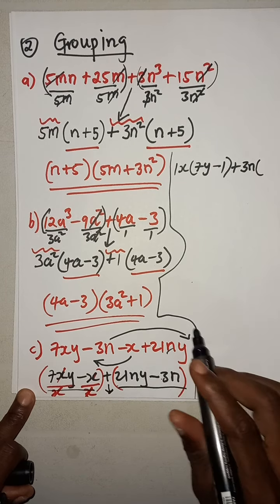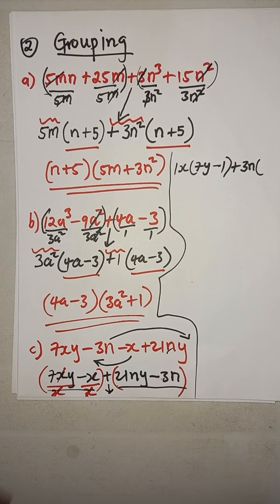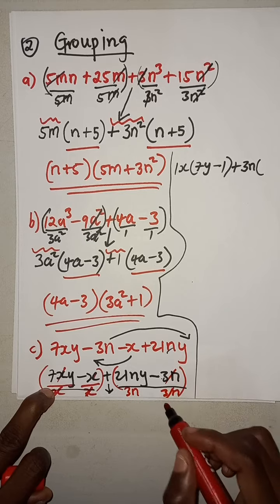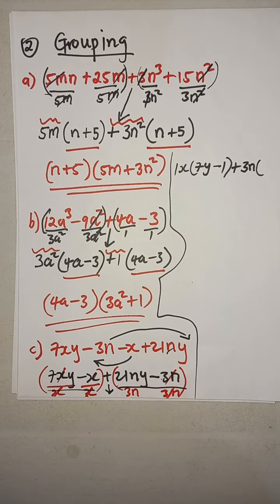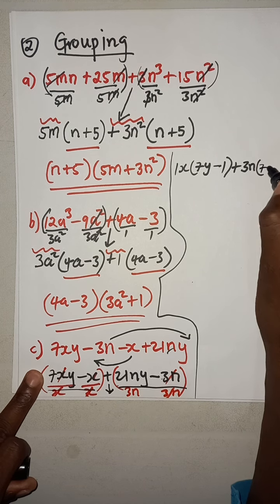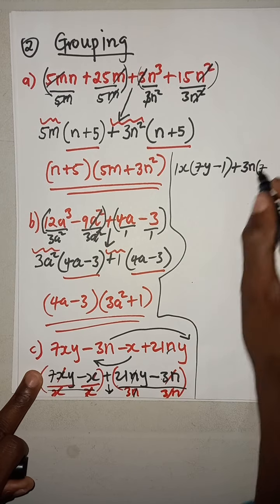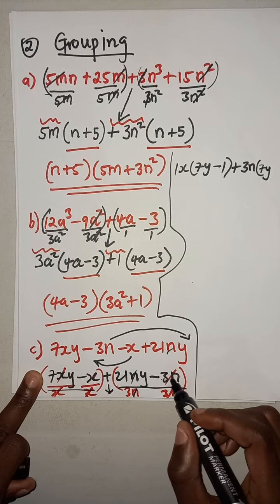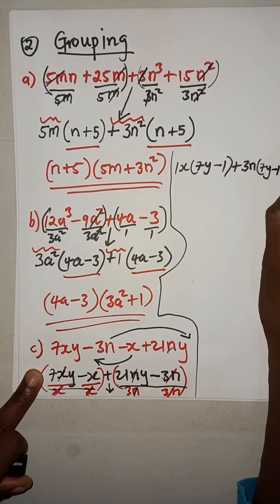I open my bracket and divide everything by 3n. 3n over 3n gives me 1, and 21 divided by 3 gives me 7. So 7, n will cancel, and I'm left with y. Then minus 3n divided by 3n gives me negative 1.